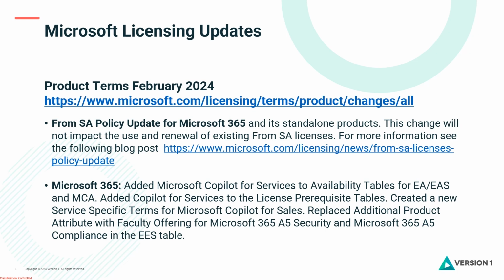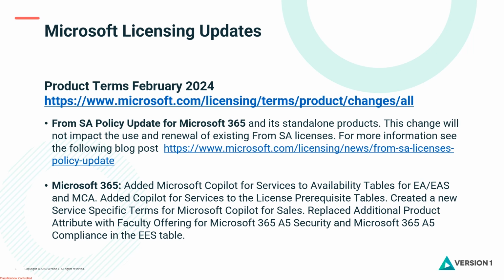So very much a walled garden type scenario to be aware of with regards to Microsoft Copilot for Sales there. Also, Microsoft replaced an additional product attribute for the faculty offering for Microsoft 365 A5 security and Microsoft 365 A5 compliance in the EES table.